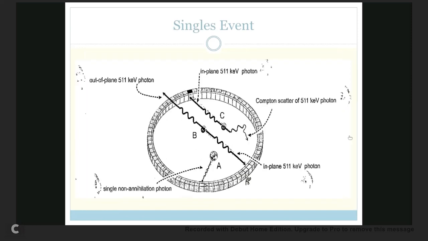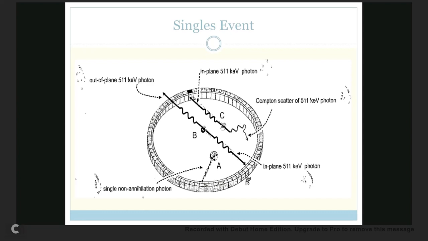Then you have your single event, right? With the single event, the annihilation occurs, but then you have this happen. That's the single event. So for a single event, this is the one with the scatter.